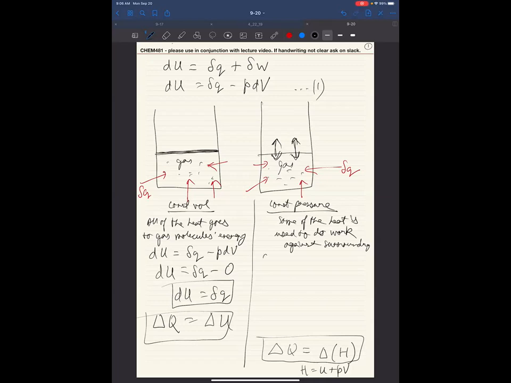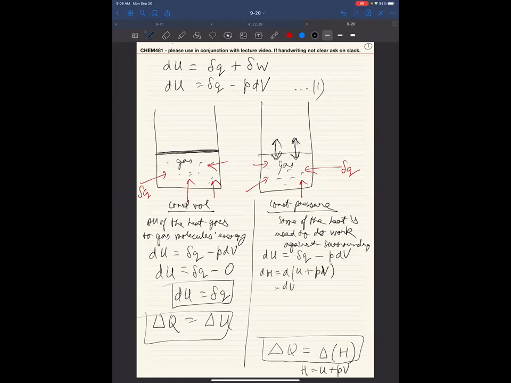So in this case, we can write it down as dU is equal to delta Q minus PdV, and we can no longer say dV is equal to 0 because something is going on. In this case, if we want to prove this relation, we can start with dH is equal to d of U plus PV, right?